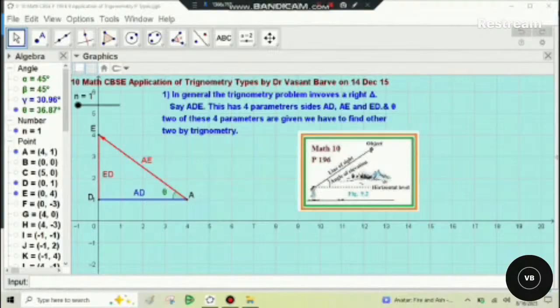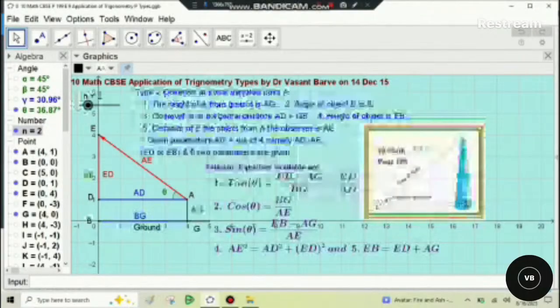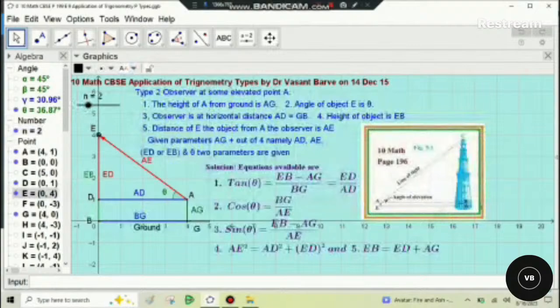Let us go ahead, have one more problem. Now, this is a very famous problem. You have the Qutub Minar and somebody is standing at some known distance from the base. This is the ground level, whereas point A is the eye level of the person.